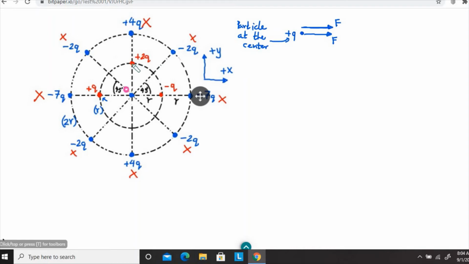Now let's look at the force exerted by the plus 2q charge. You can see that's also going to exert a repulsive force on the particle at the center, but this time the repulsive force is in the negative y direction, and you can see that it's twice the force exerted by each of these plus q charges.